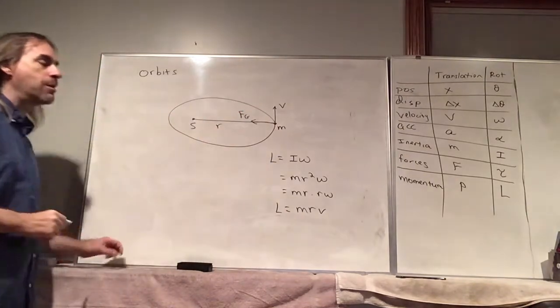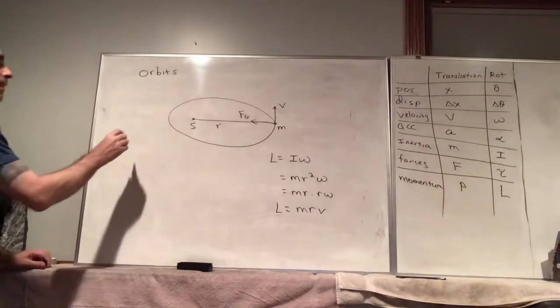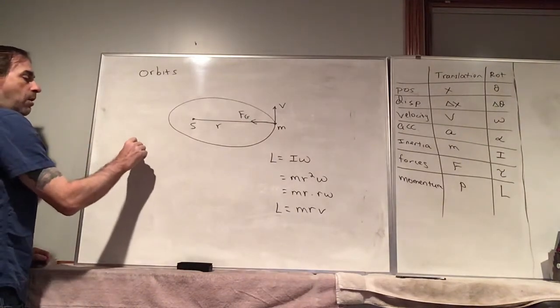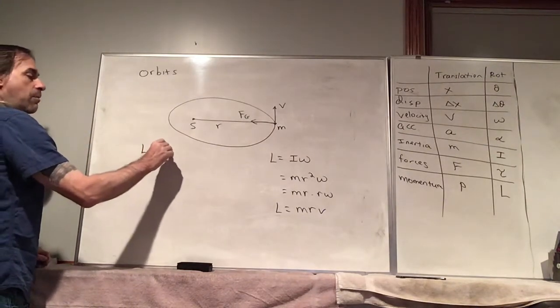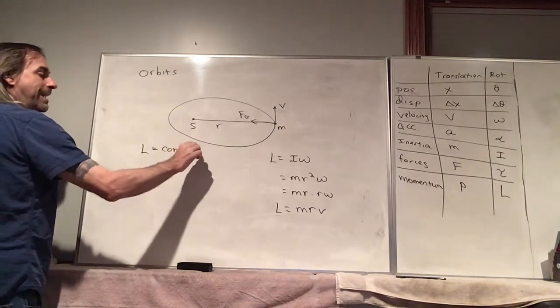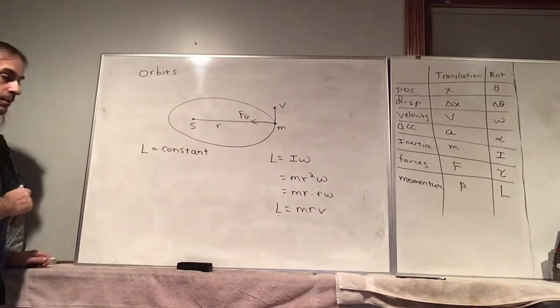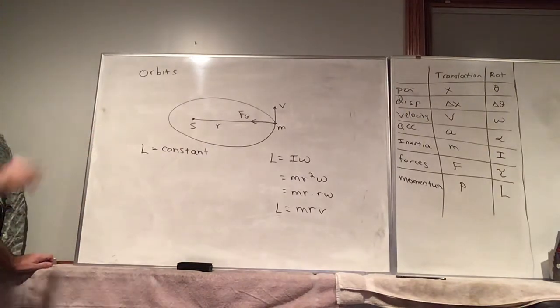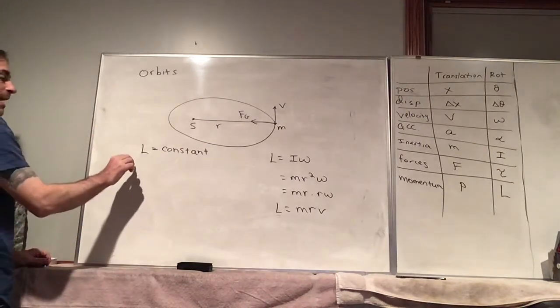The lever arm is zero. And so the net torque on the planet is zero, which means that the angular momentum is conserved, or L is a constant. And we can divide by m and just say L over m is a constant.